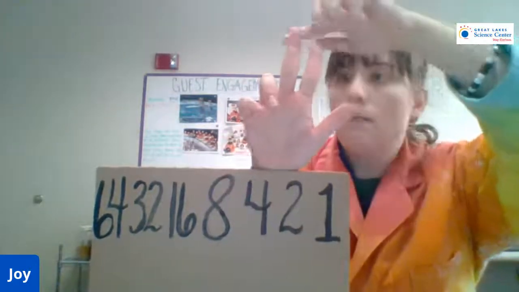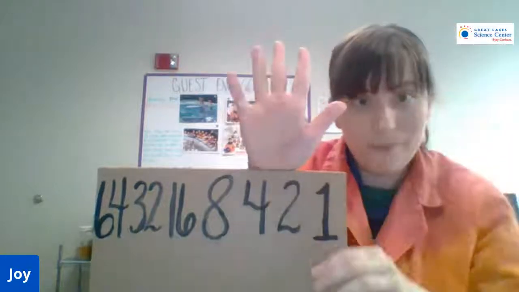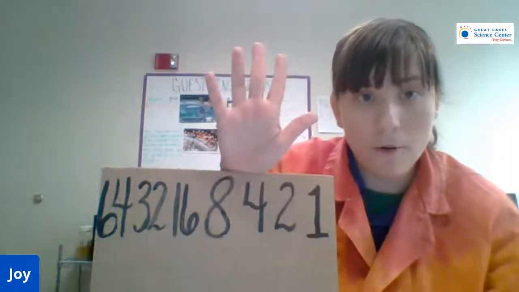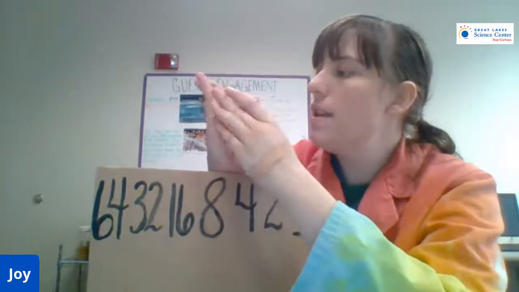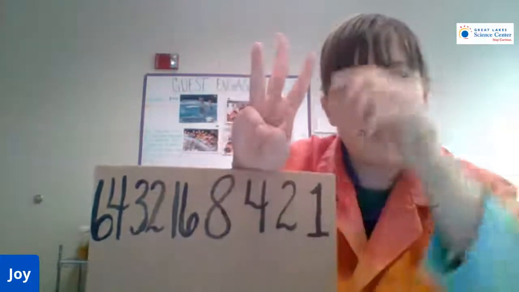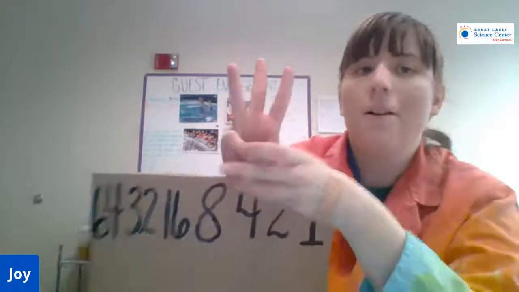So 7 is 1, 1, 1. Okay. And then remember our 14. I don't need 16 and I don't need the 1. So I have 1, 1, 1, 0. So 714 would be 1, 1, 1, 1, 1, 1, 0.